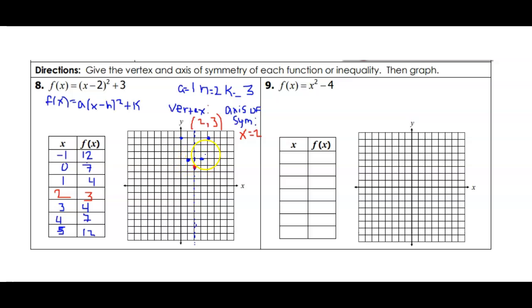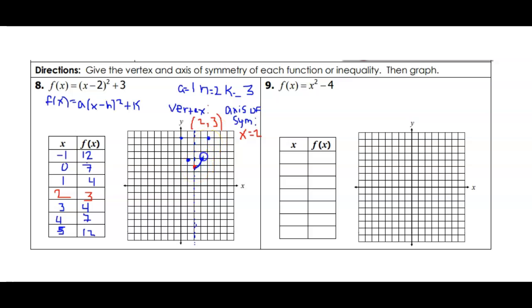I don't know why I had those plotted up there, but there we go. So at 1, I'm at 4. And at 0, I'm at 7, and I have that same symmetry on the other side. At 3, I'm at 4, and at 4, I am at 7.